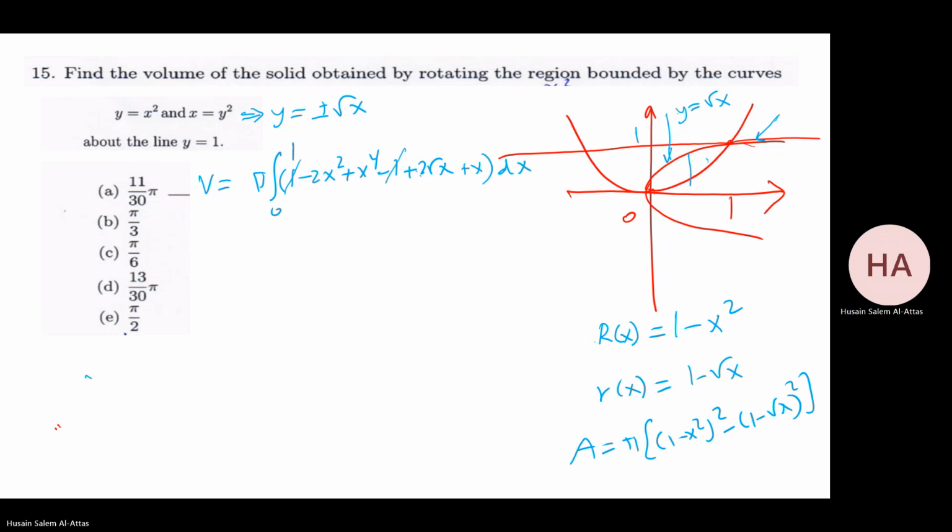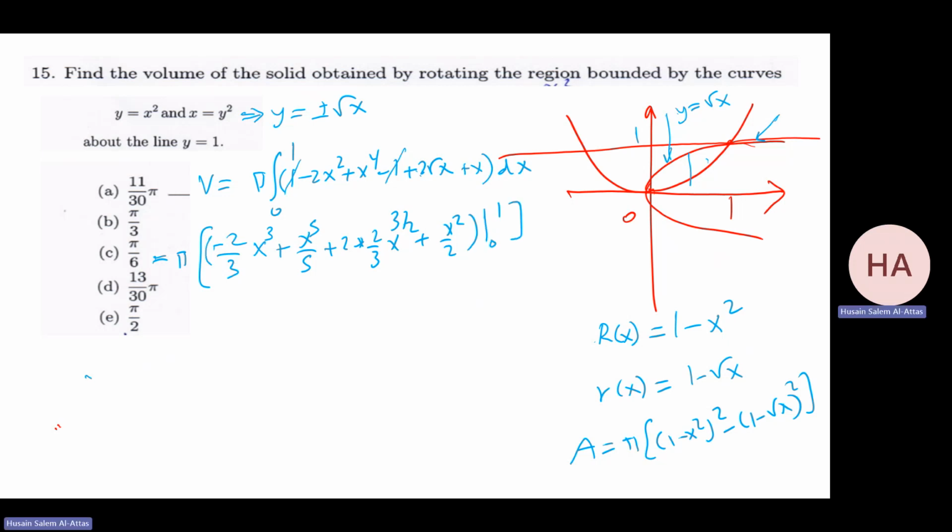So that gives me pi times: minus 2 over 3 x cubed plus x to the power 5 over 5, plus 4 over 3 x to the power 3 over 2 minus x squared over 2, from 0 to 1.